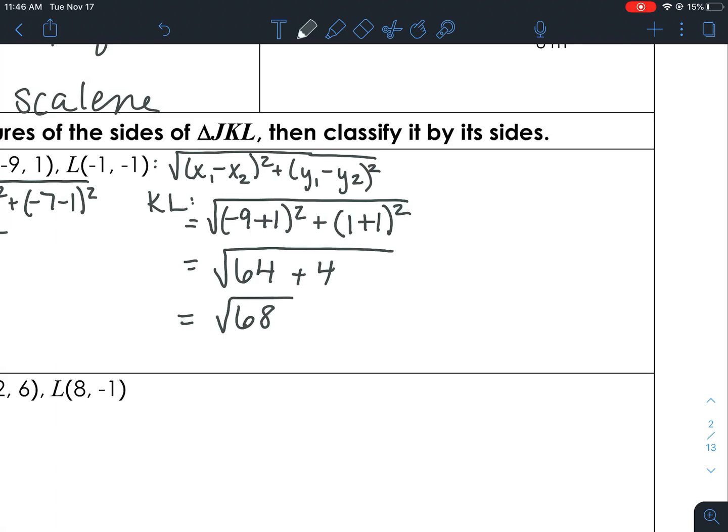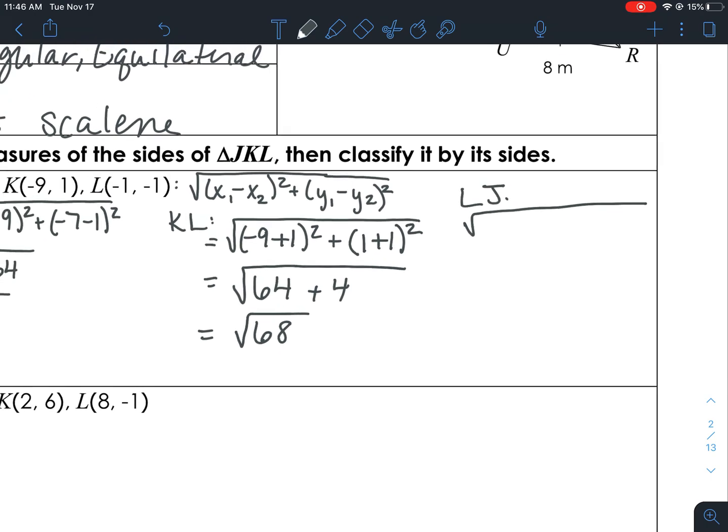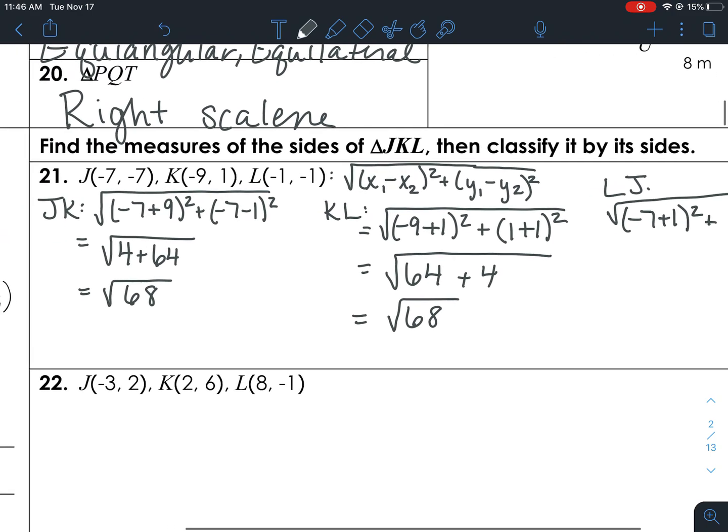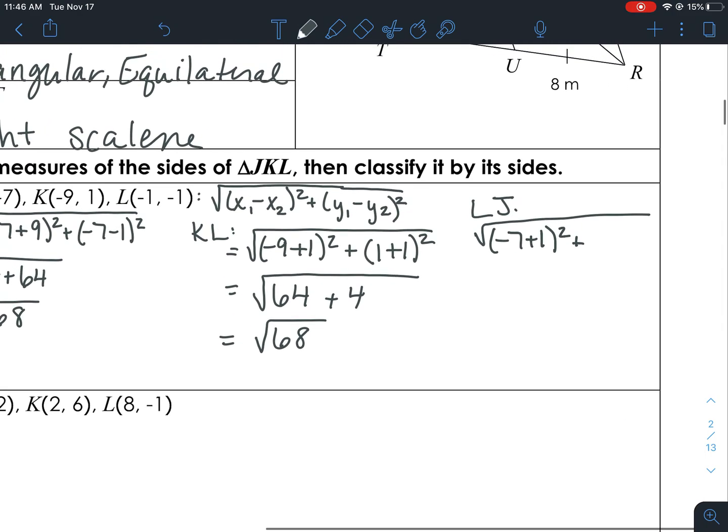All right, last one here. We have LJ. Or JL, doesn't matter. All right, I'm going to do this one down here. So I'm going to do negative 7, and again, minus negative 1, so that'll turn into a plus 1, squared, plus negative 7 plus 1 again.